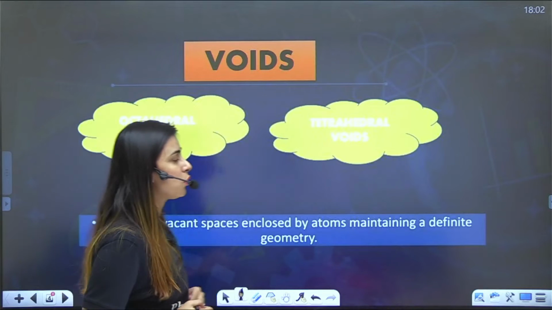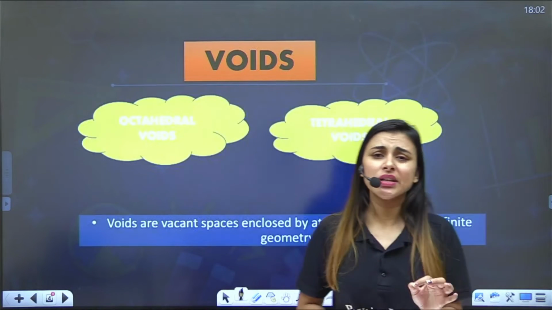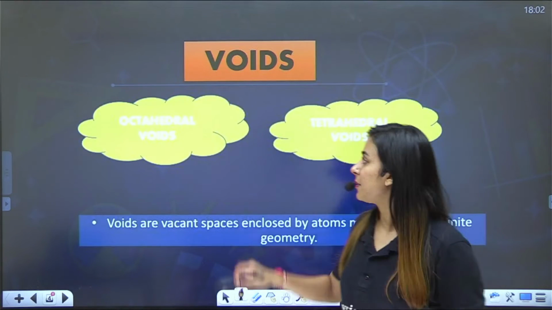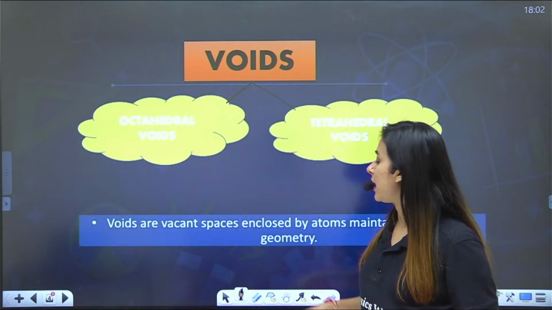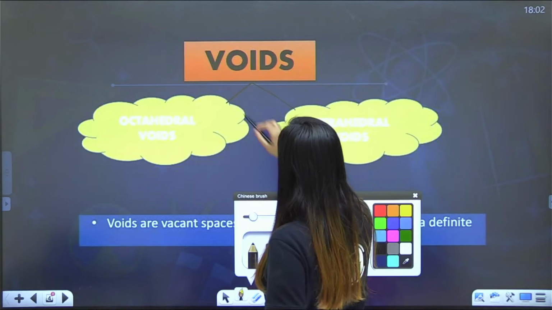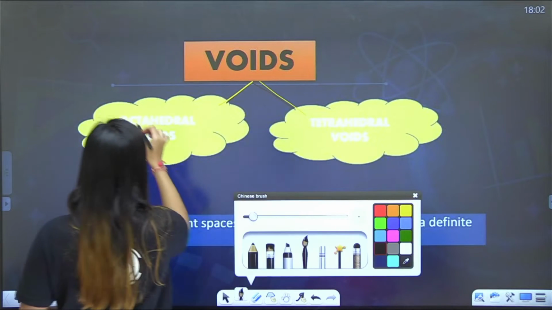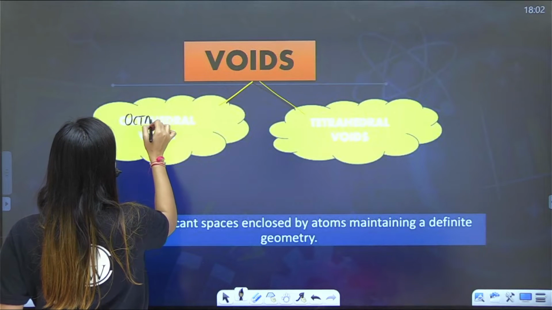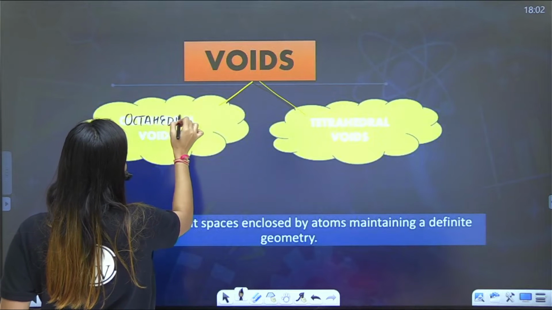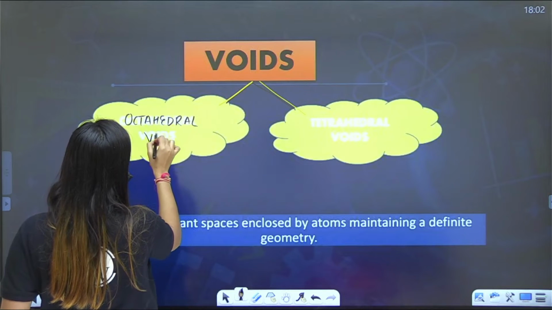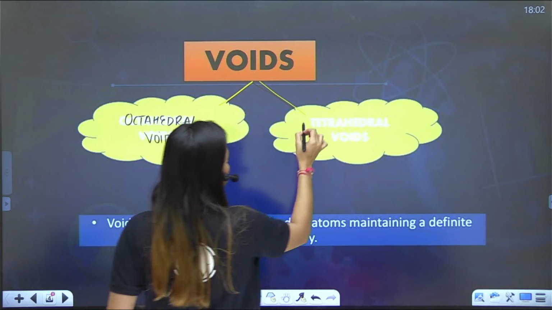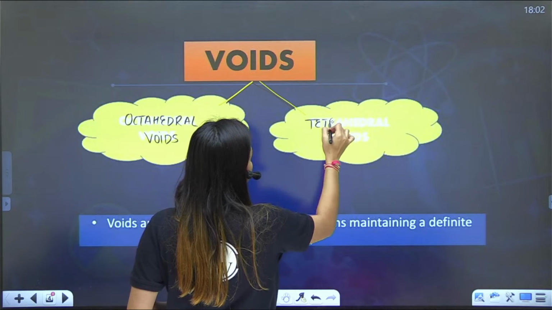So if we talk about voids, the voids which we will be discussing are majorly classified into two types. One is your octahedral void, and the other is known as your tetrahedral void.